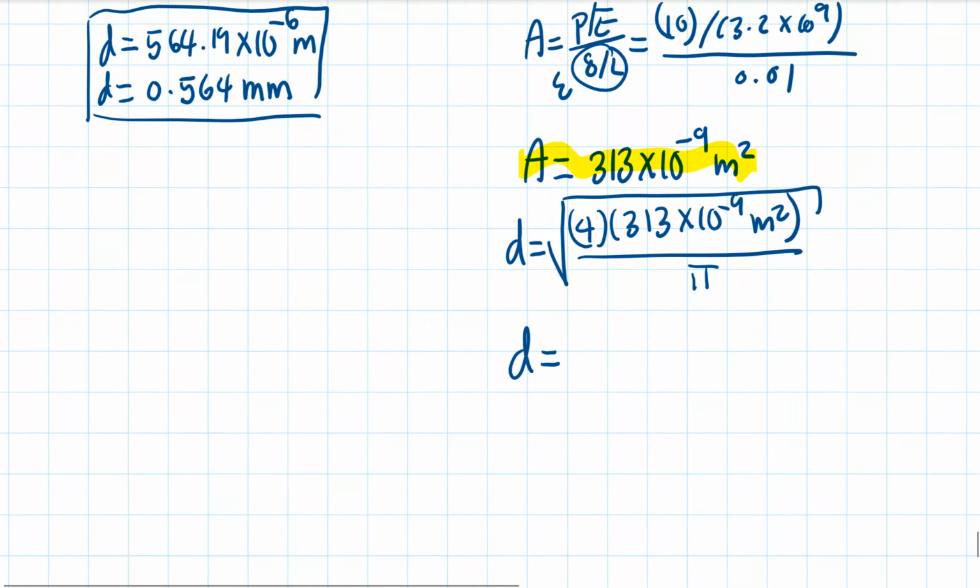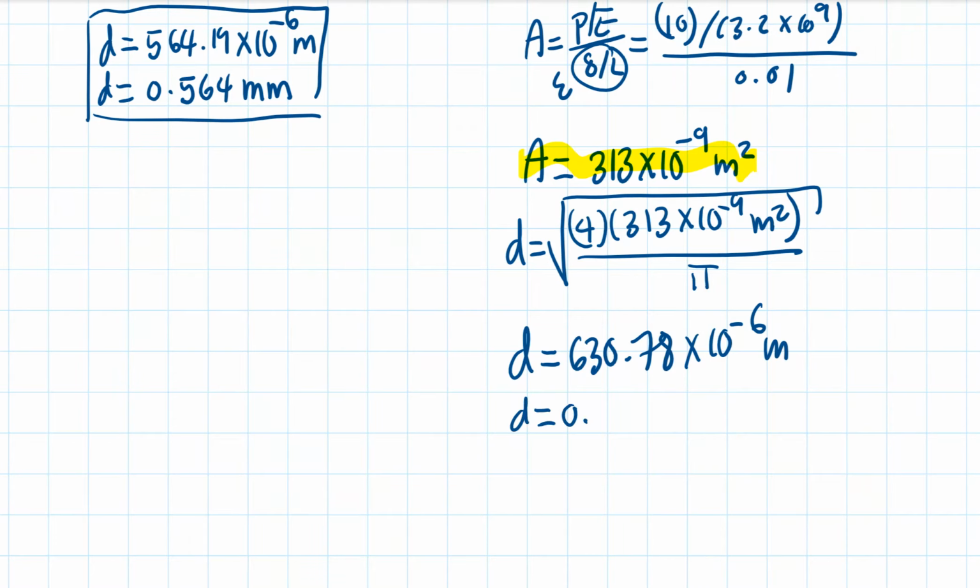So the diameter here will be 630.78 times 10 to the power minus 6 meter, or we can say that the diameter is 0.631 millimeter.